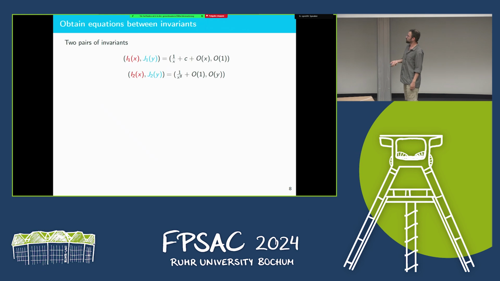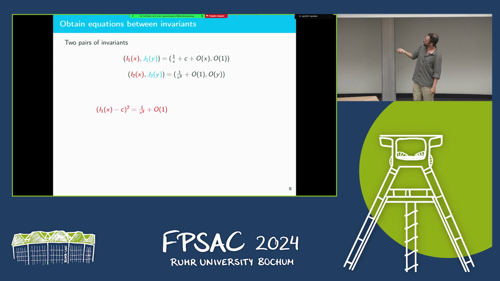So I'll show you an example of application. Basically, we have some pair of invariants I1, J1 that we don't know fully, we only know its expansion at x and y. And we have another pair, I2, J2, and this one we know fully, and we have these expansions.